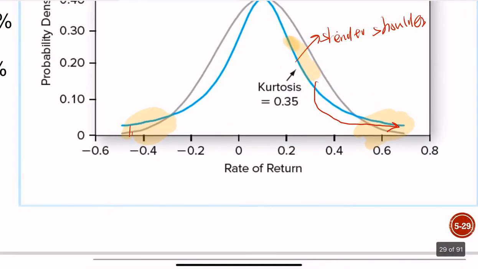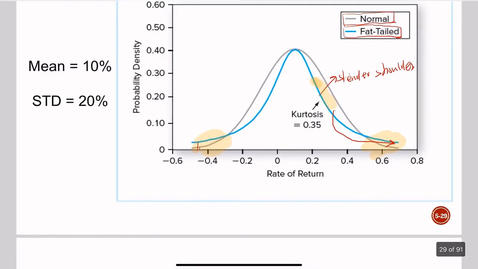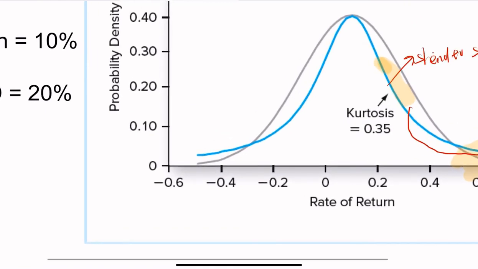And you can see that the result of fat tail is extreme values become more likely, right? Because the extreme values for the normal distribution are just given by this number. To be more specific, let's look at this rate of return of minus 0.4, which is minus 40%.